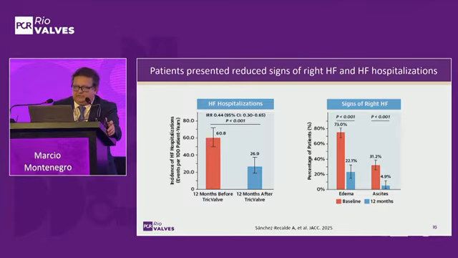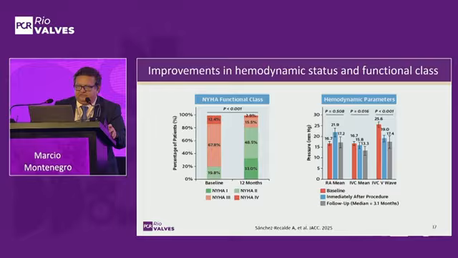When you compare before the procedure, the heart failure hospitalization was 60%, and after 12 months it dropped to 26.9%. The signs of right failure, edema or ascites, go from 73 to 22 for the edema, and the ascites from 31 to 4.9. So, so impactful after implant of the TricValve.